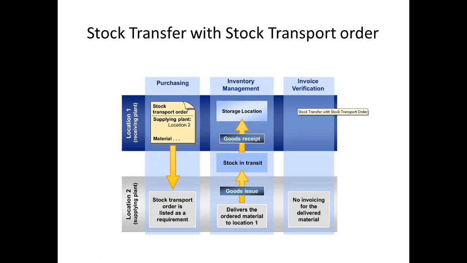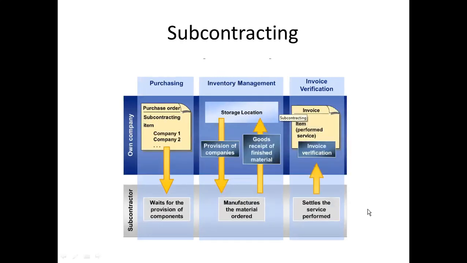A stock transfer is where the material is transferred within the company, between plants, not within the warehouse. It will be between the storage locations or between the plants. Okay, so this is about the stock transport order.